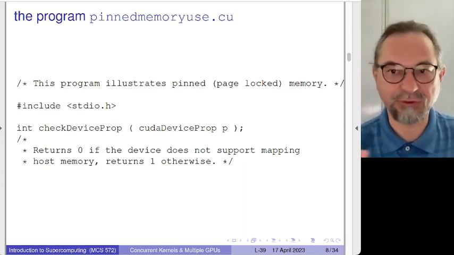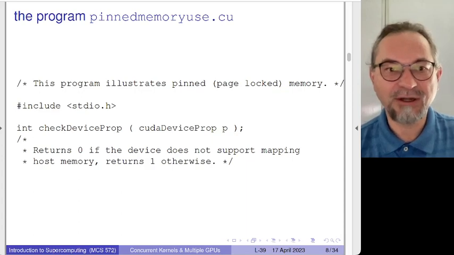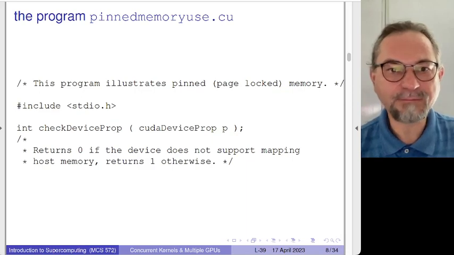So suppose that you write programs on one GPU and then they should also run on other GPUs. So this is how you could make your programs more or less portable. At the very least, you should provide for the possibility of errors and give a warning if the device property would not support the pinned memory.